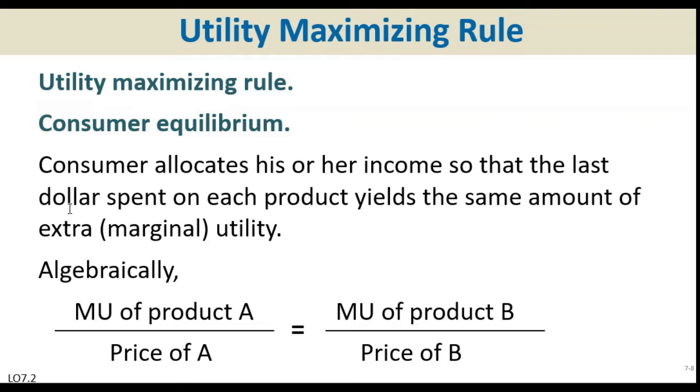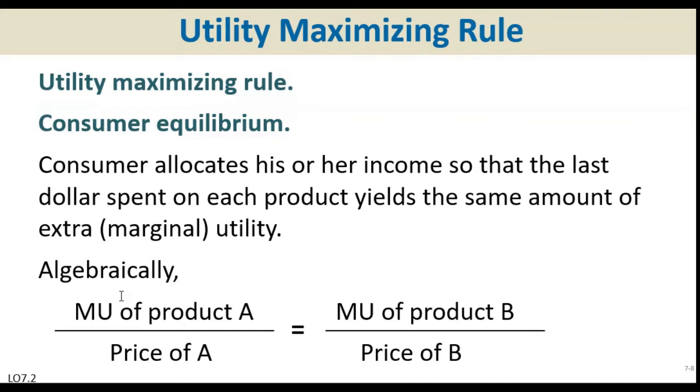So the idea here is, if you go to the market and spend your income, your budget, you want to spend it in a way that the marginal utility per price of each good is all the same.